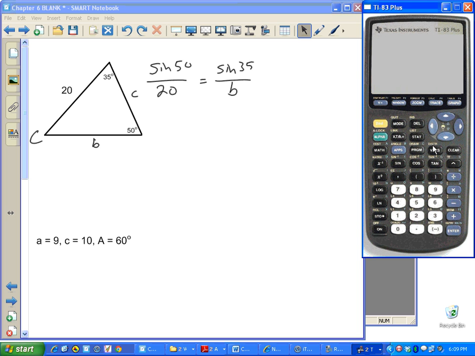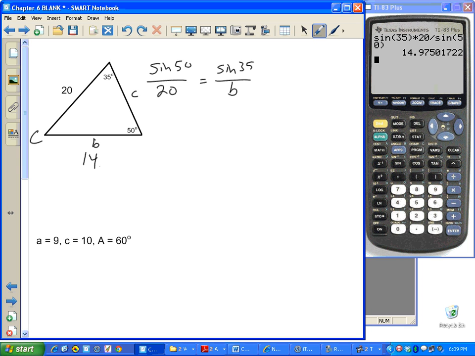Let's just do the math, because we're going to cross multiply here to find B. It goes back to when you first learned to cross multiply: multiply these, divide by that one. So the sine of 35 times 20 divided by the sine of 50. That's what B is. So B is 14.98, we'll call it.